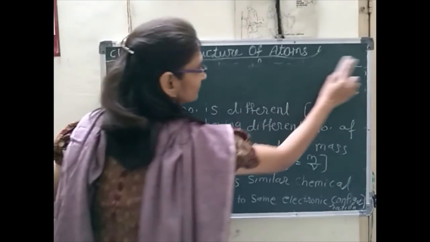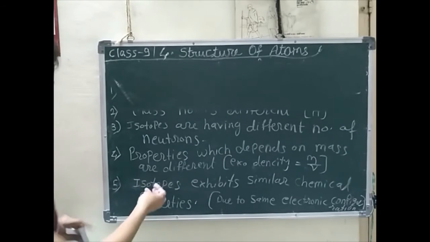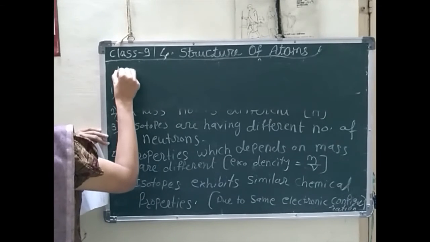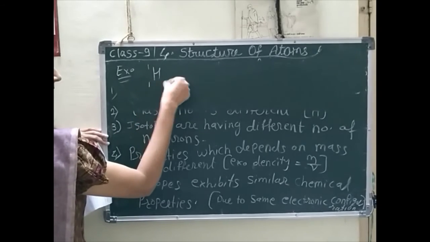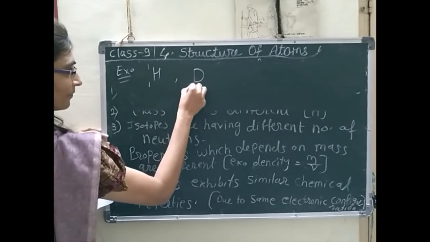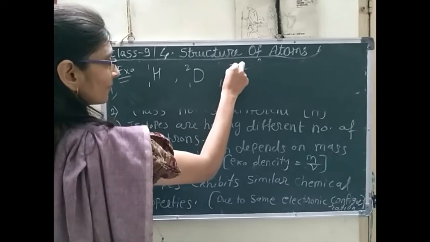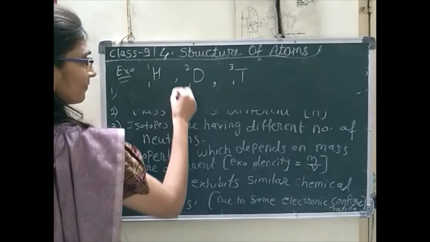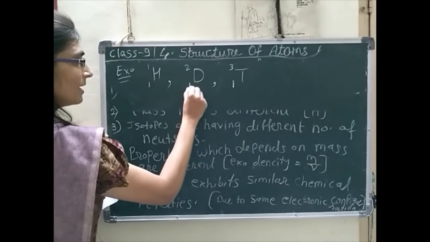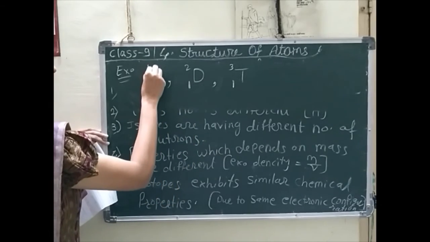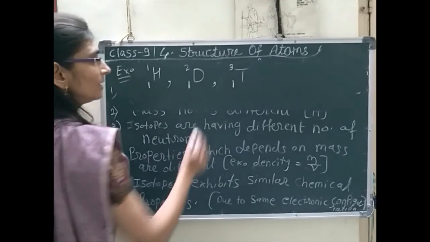So again we can write an example. What is the example? Hydrogen, deuterium and tritium having atomic number 1, mass number 1, 2 and 3.